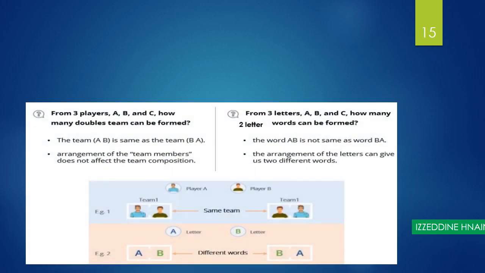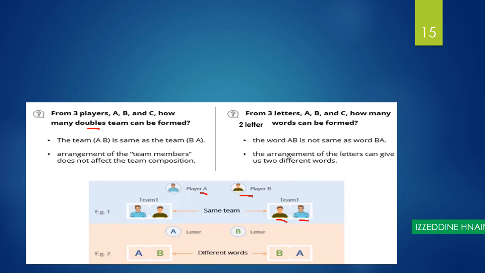Example, we have 3 players A, B, and C. We want to form from these 3 players a team that consists of 2 members, a doubles team. Look here, if the team is formed of player A and player B, it is the same as if we say the team is formed of player B and player A, because here the order is not important.